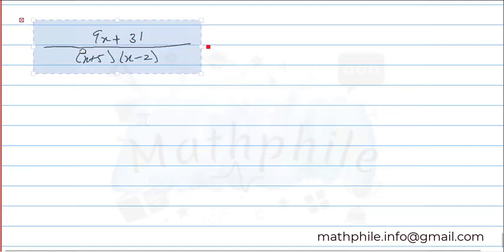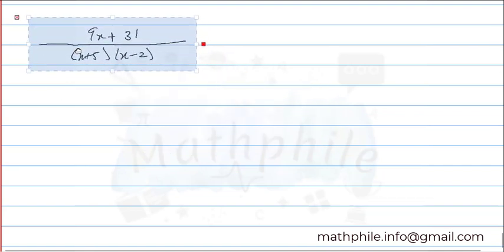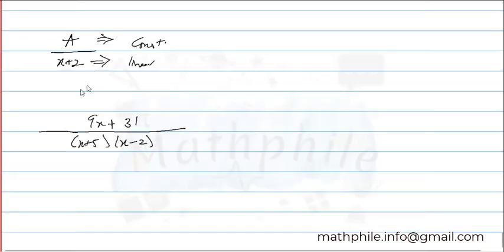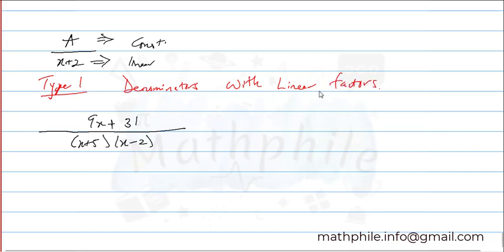So we're going to divide this question into bits. If you look at the denominator, this is the first type of partial fraction, so type 1. We say that type 1 is denominator with linear factors.